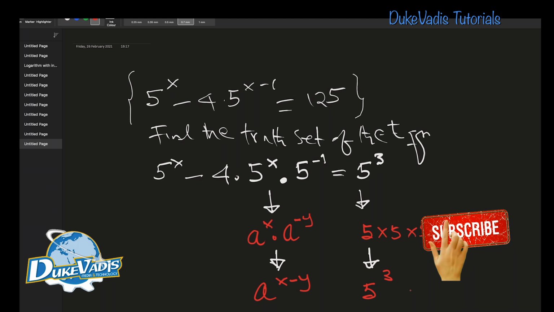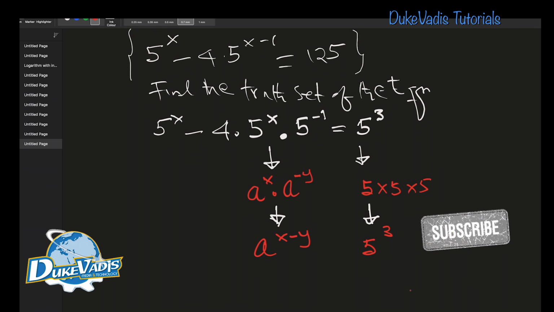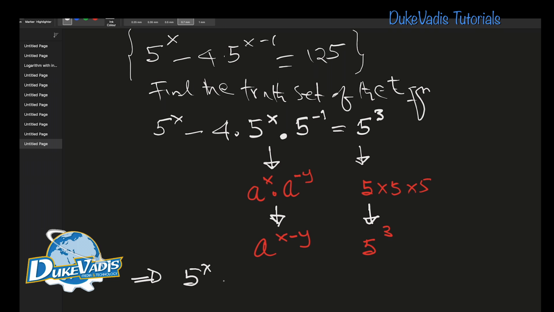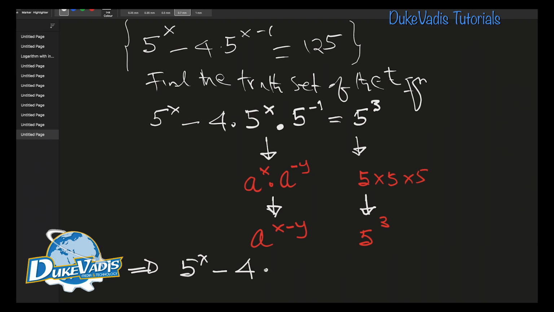Isn't it? Fantastic. So all of you are clear with this. If that is the situation, then let's continue. So by so doing, this implies that 5 raised to the power x minus 4 times 5 exponent x dot 5 neg 1 is equal to 5 raised to the power 3.